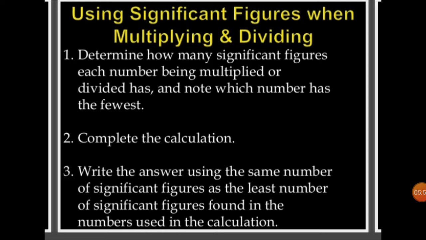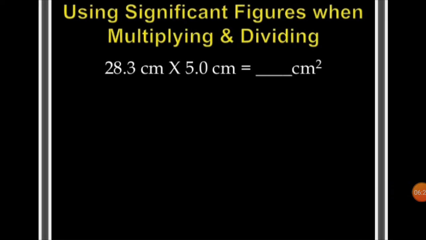In multiplication and division, when you calculate, you just find out which of the given numbers has the least number of significant figures, and the answer should be reported according to that number, meaning the least significant number.